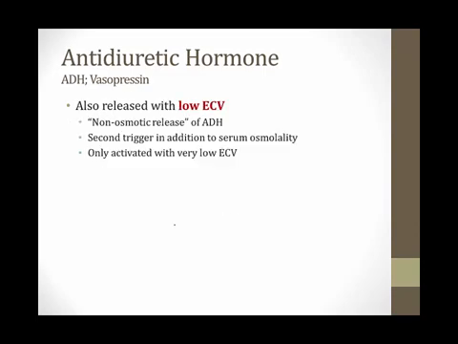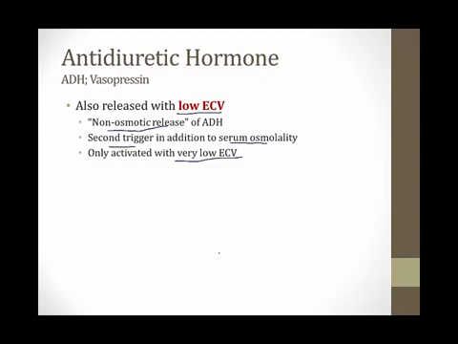Now, although the plasma osmolality is the major trigger under normal physiologic circumstances for ADH release, there is a second trigger that you need to understand, and that is low effective circulating volume. This is called the non-osmotic release of ADH. It's a second trigger in addition to serum osmolality, and this trigger is only activated when the ECV gets very low. So this is not going to be activated by mild swings over a normal day of your ECV as you consume water, fluids, or sodium.